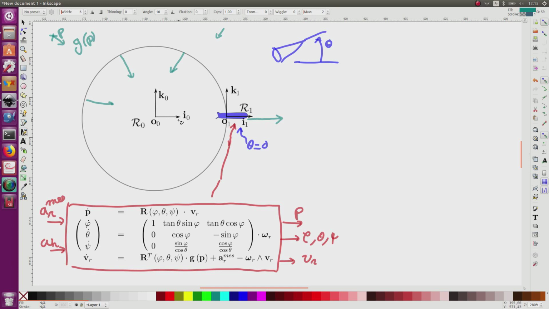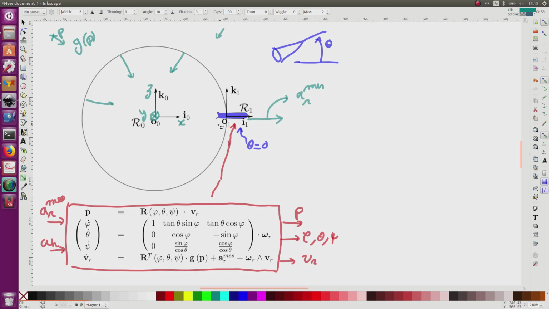Since this corresponds to X, this to Z, and here Y, which is not represented here, then the measured acceleration corresponding to this vector is A measured, expressed in the robot frame.